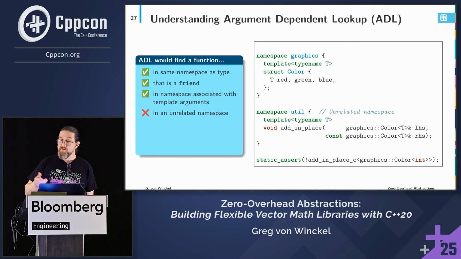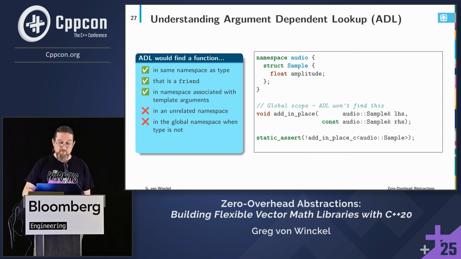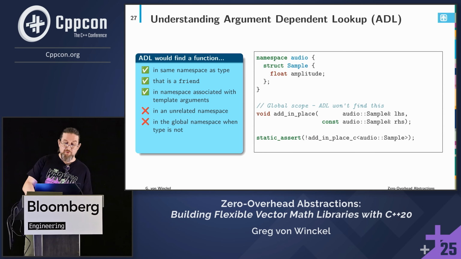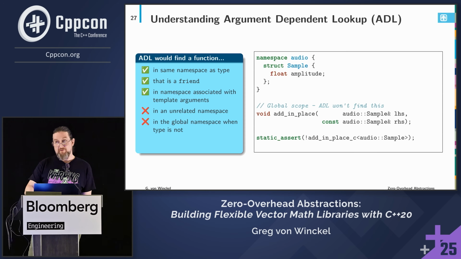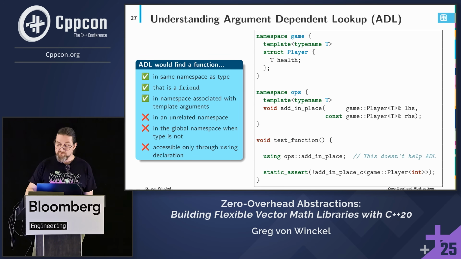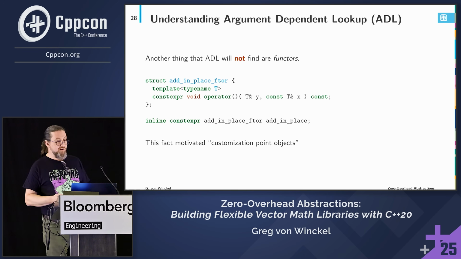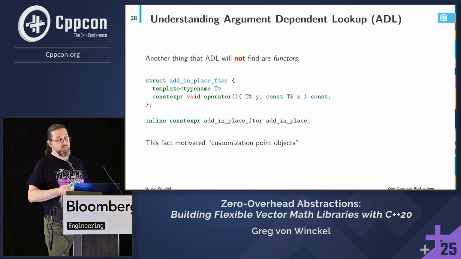Things it doesn't find are symbols or function symbols that are not in this related namespace, or they're in a global namespace, but the type is not in the global namespace, and things that you only get through a using declaration. So most importantly for this talk, the other thing that they don't find are functors.